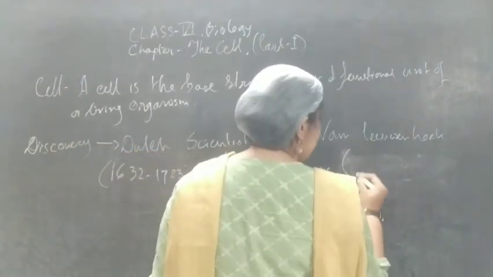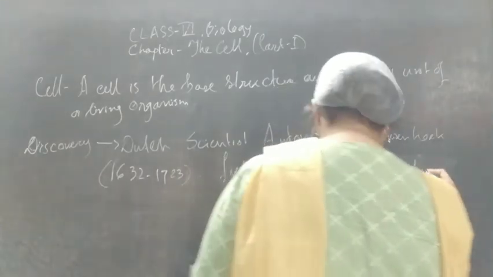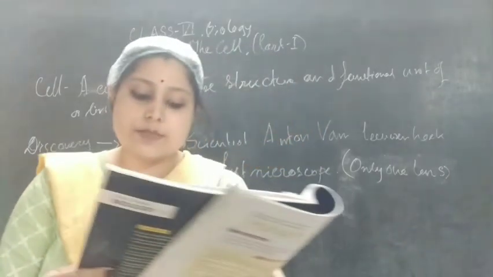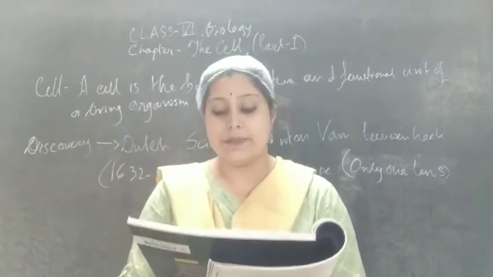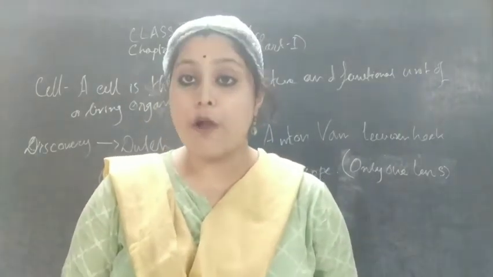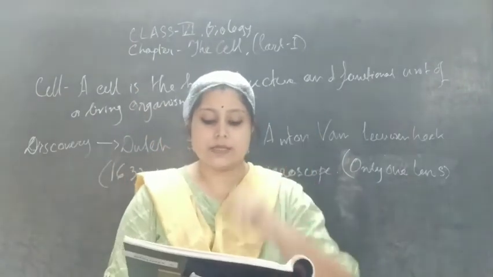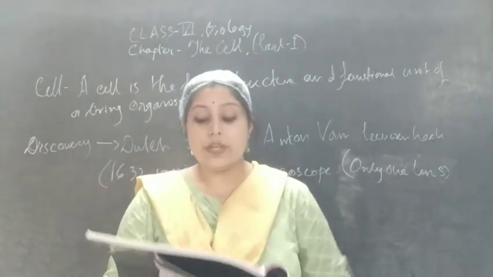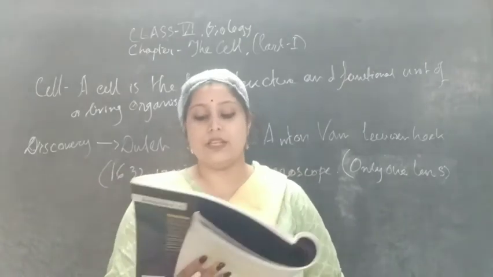Which had only one lens. The use of this microscope enabled him to see blood cells in the capillaries of the webbed foot of a frog. Okay, he also observed tiny single-celled organisms in a drop of water. With the help of this, Leeuwenhoek was the first to recognize these organisms as living units or living beings.